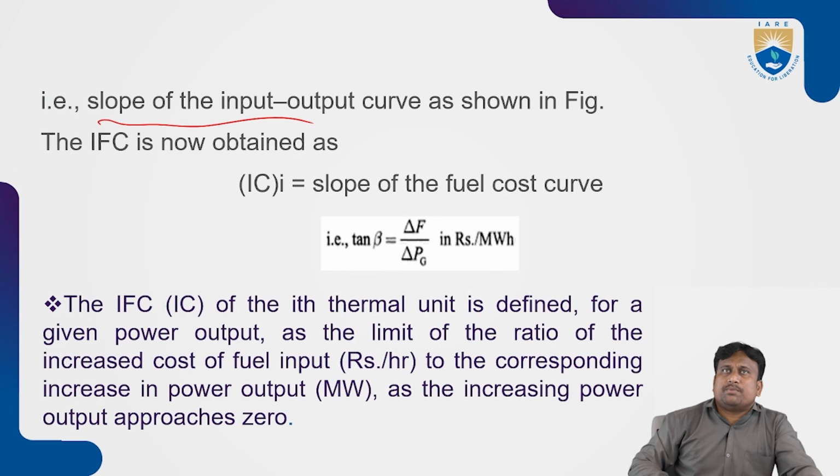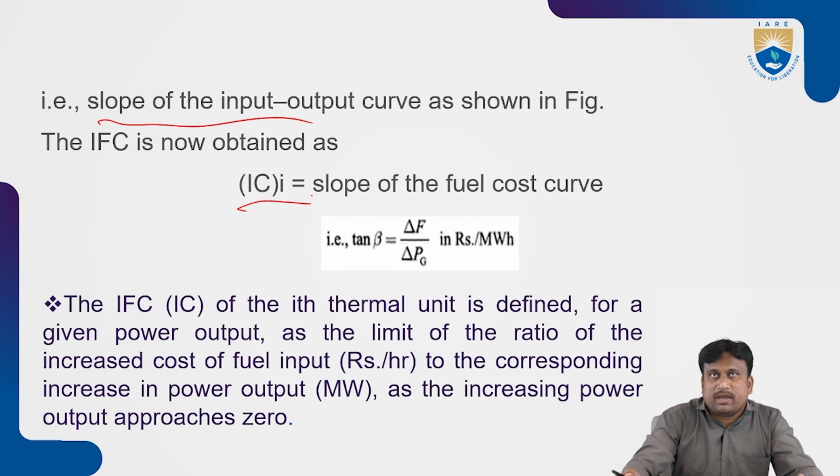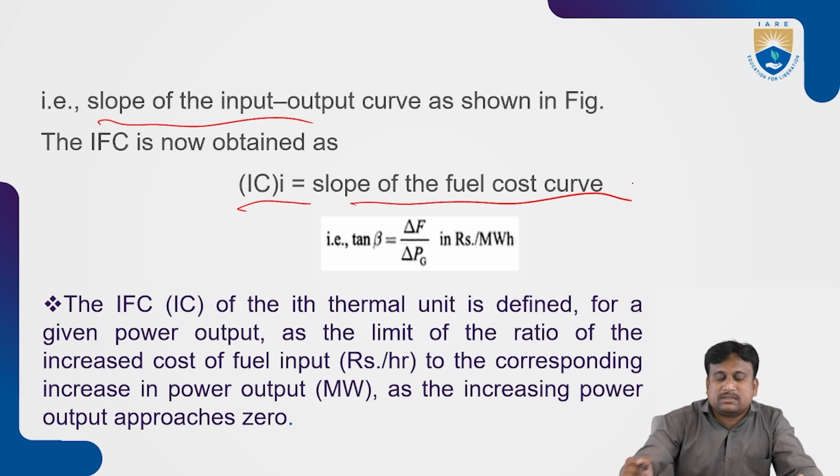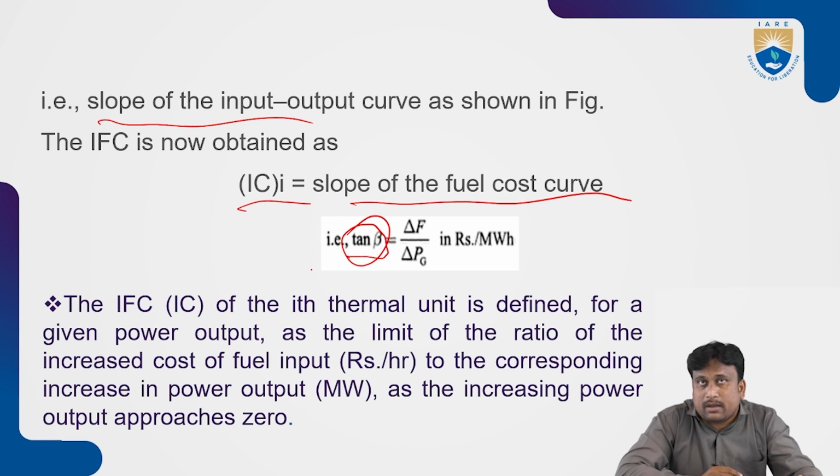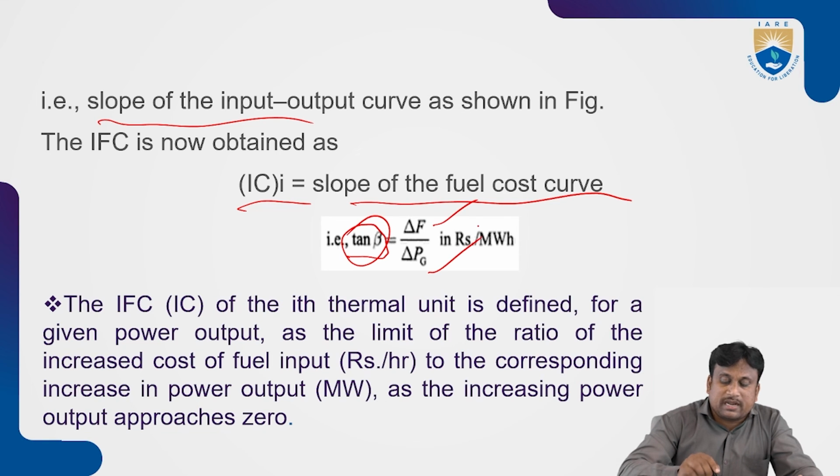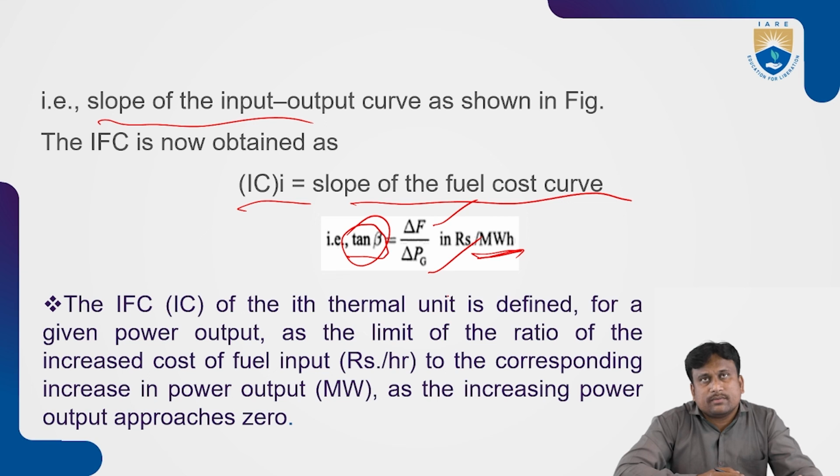The slope of the input-output curve can be drawn in terms of IC of i, that is the slope of the fuel cost curve, represented as tan beta, delta F by delta Pg, in rupees per megawatt hour.